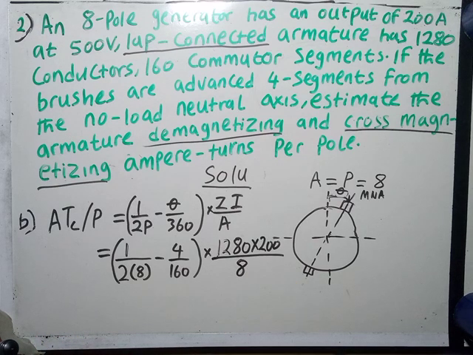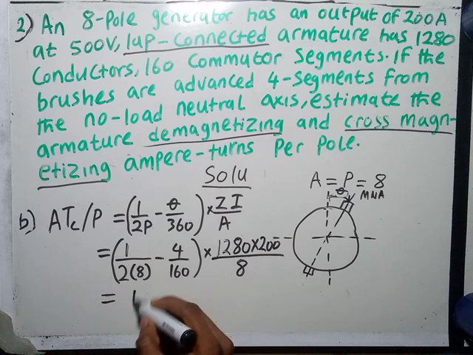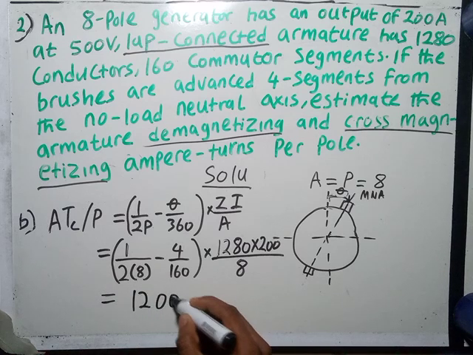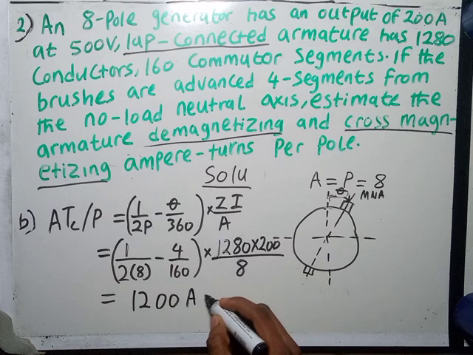So with a calculator, we have that our value is 1200 ampere turns for our ATC.